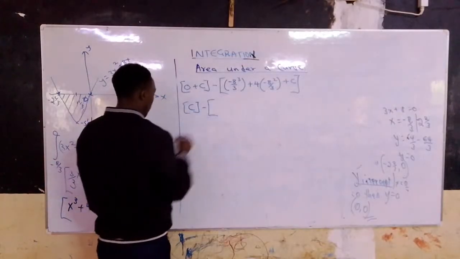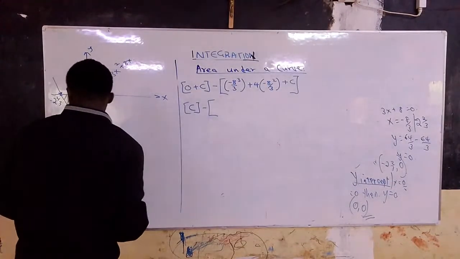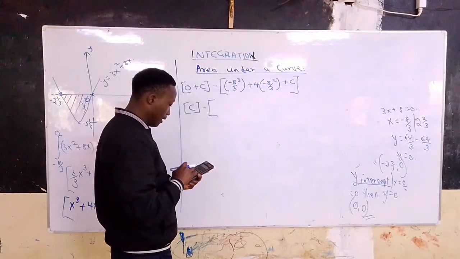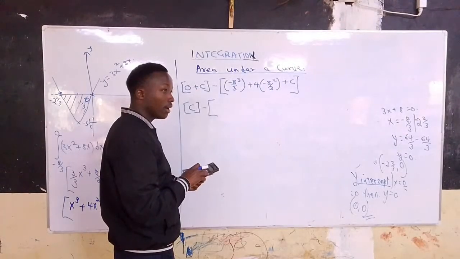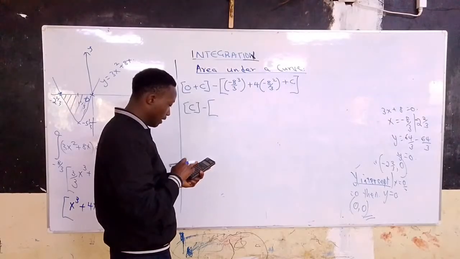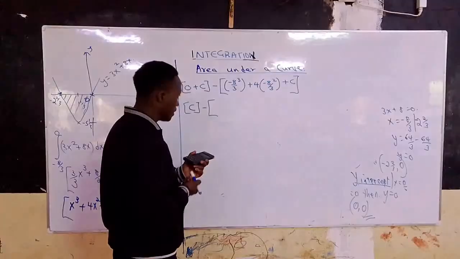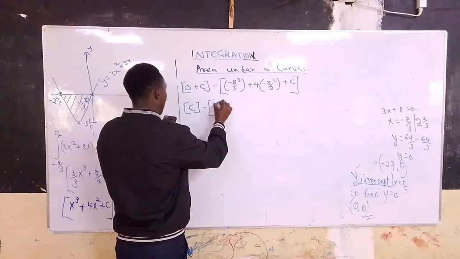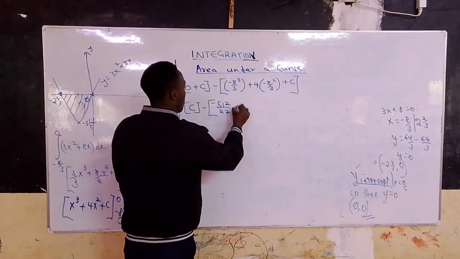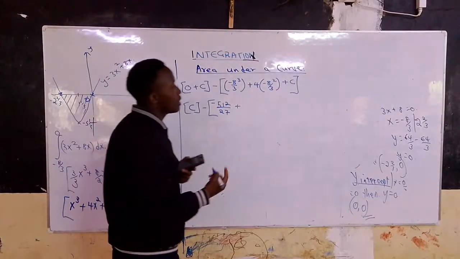minus negative 8 over 3 cubed. Negative 8 over 3 cubed is equal to negative 512 over 27, plus negative 8 over 3 squared, which is 64 over 9.